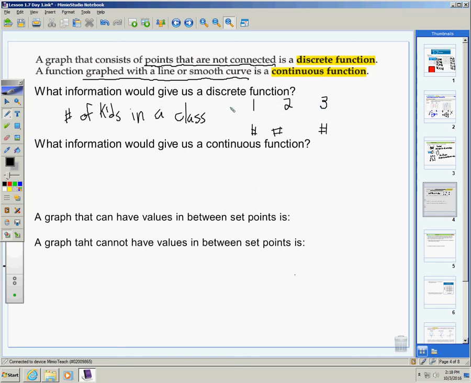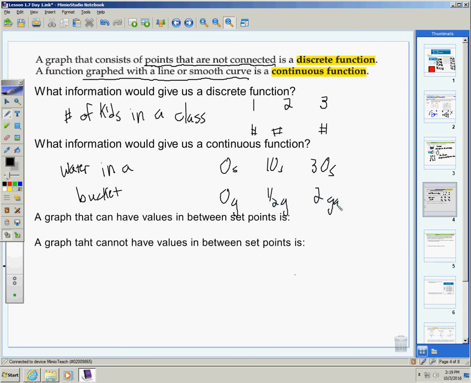What information would give us a continuous function? This is where it's okay to connect all the points because we have data in between. So we could say water in a bucket. At 0 seconds, 10 seconds, and 30 seconds, I could have 0 gallons, maybe half a gallon, and 2 gallons.